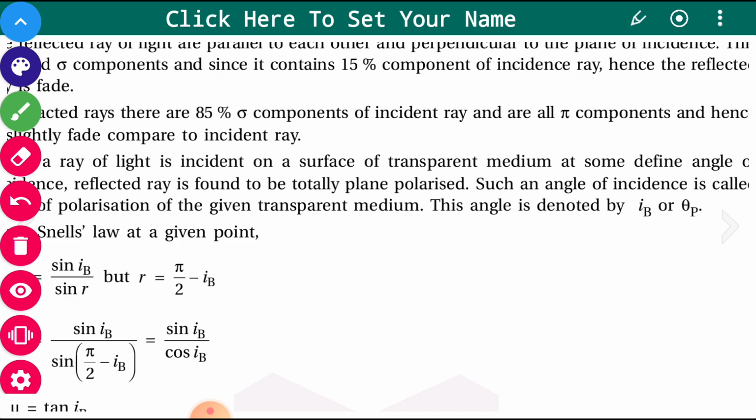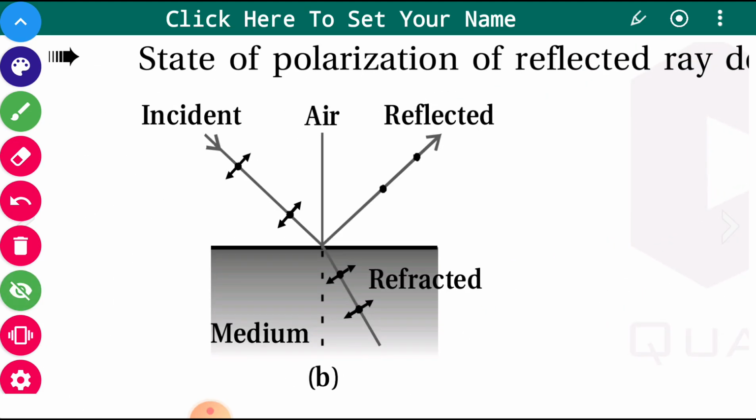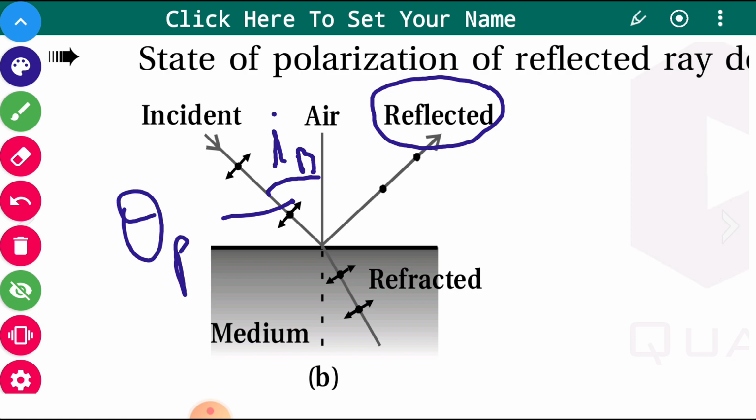Now the angle at which you get this reflected ray to be completely plane polarized is known as IB, or sometimes it is denoted by theta p, or the angle of polarization, or the Brewster's angle, which is denoted by IB.